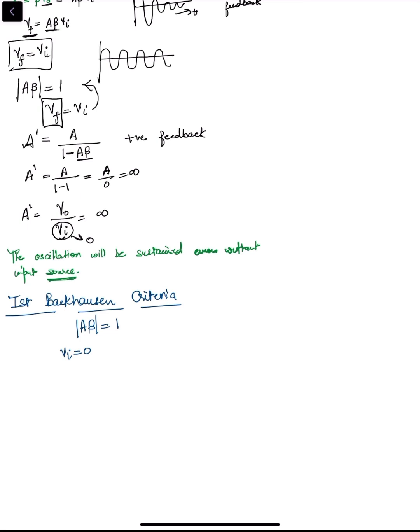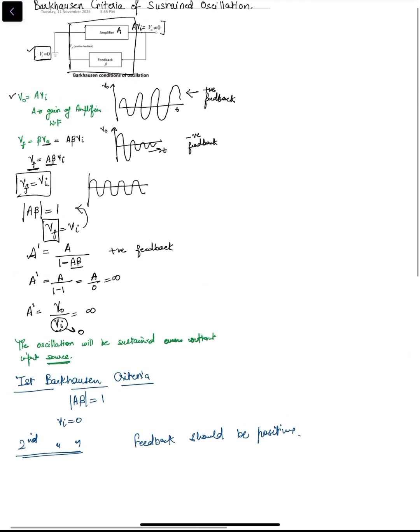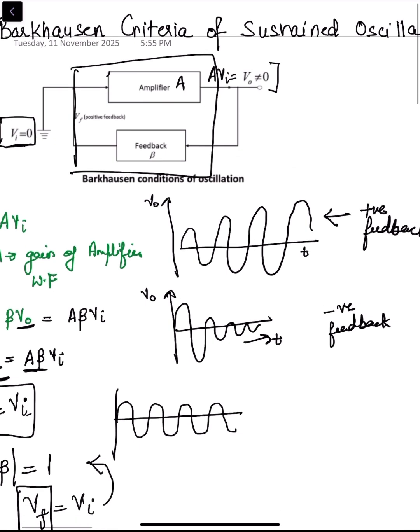But there is also another criterion. I would write it as the second Barkhausen criterion. And what is that? The feedback should be positive only. That means the phase difference between the feedback circuit's output and the input should be 0 degree or 360 degree.